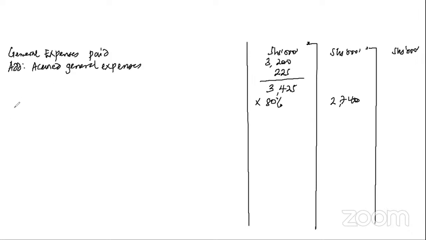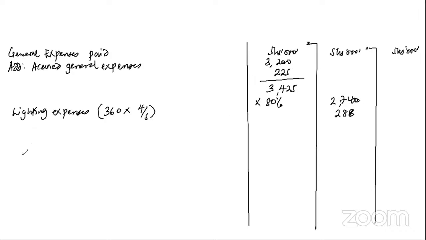Then you have the lighting expenses. Lighting expenses, 360, no adjustment. However, we are required to take 4/5 to the factory, and 4/5 of 360 is 288.